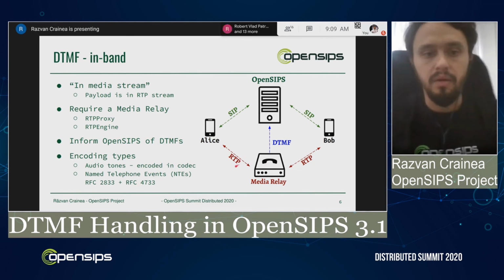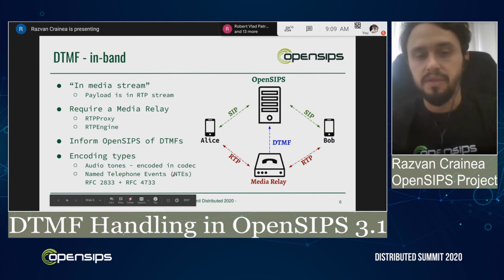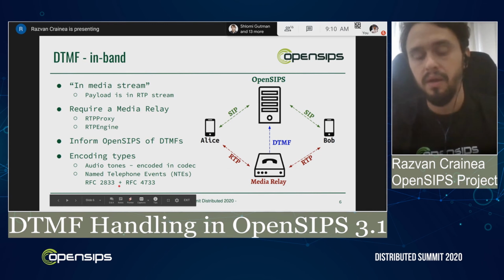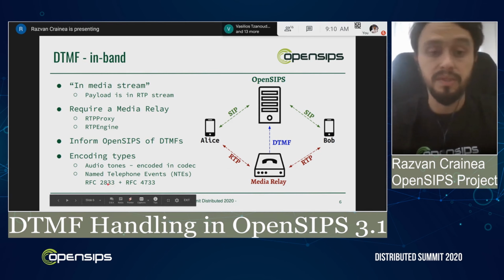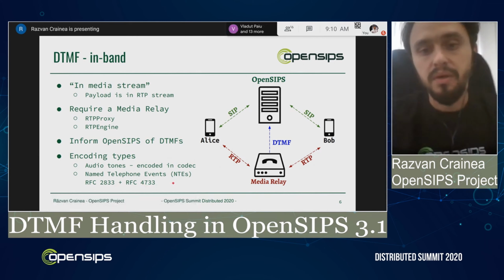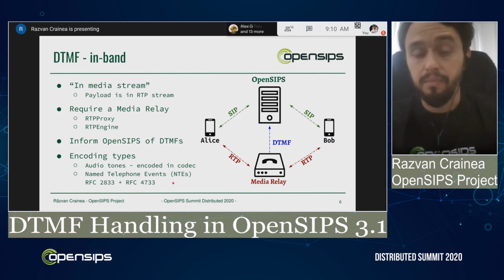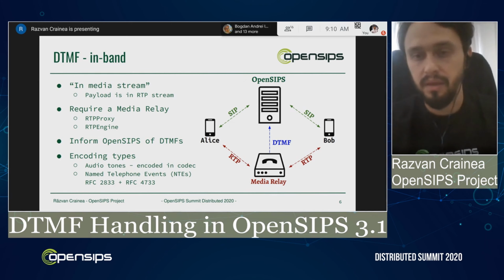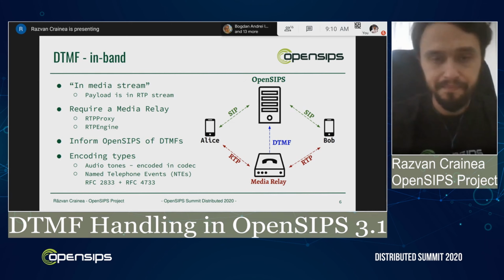And later on, the named telephony events, the NTEs, appeared in RFC 2833, which was later obsoleted by RFC 4733, which describes how an actual RTP packet should be constructed with a different payload type in order to more easily detect these DTMF codes.